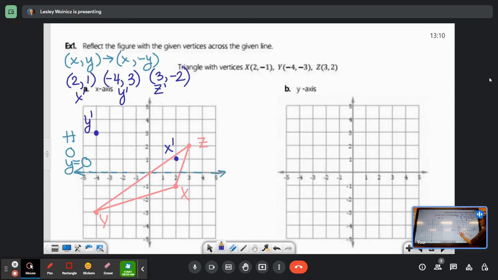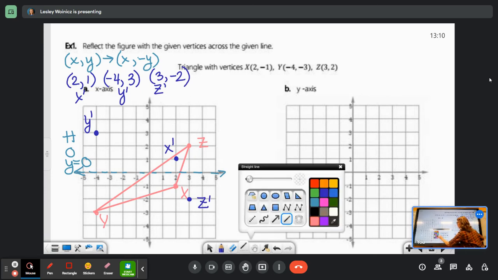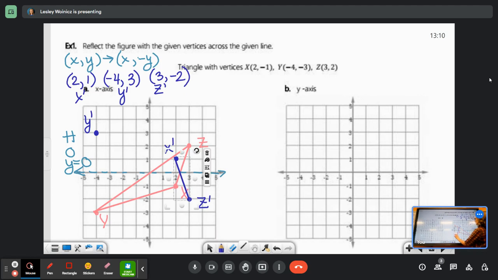And Z prime will be at 3, negative 2. Oops, that's 3, negative 2. Go ahead and connect your points. And there you have a beautiful little reflection in the x-axis.